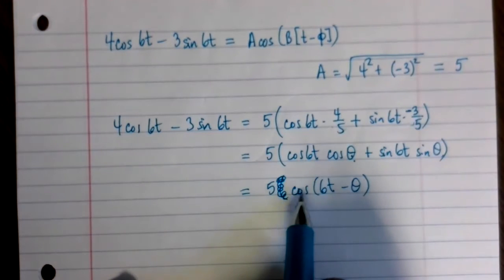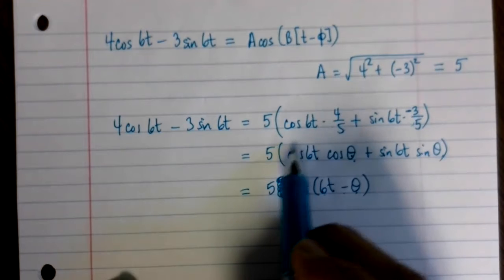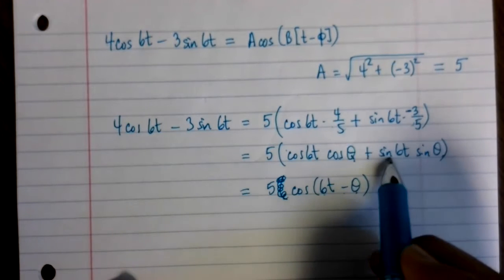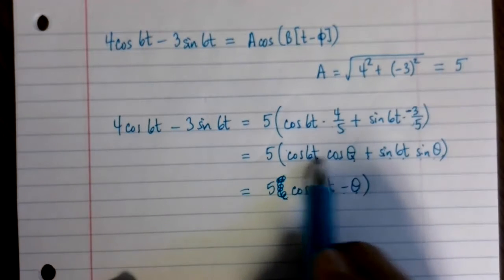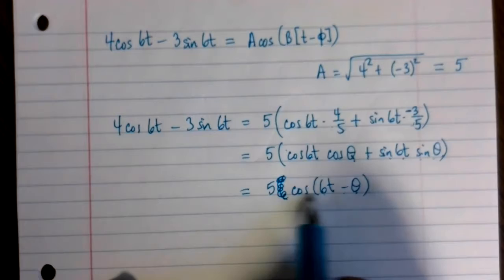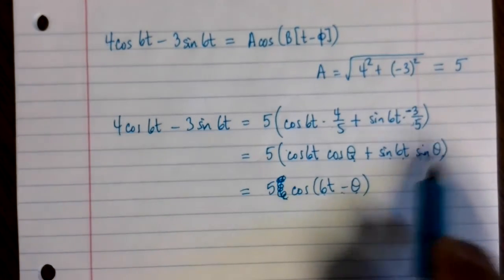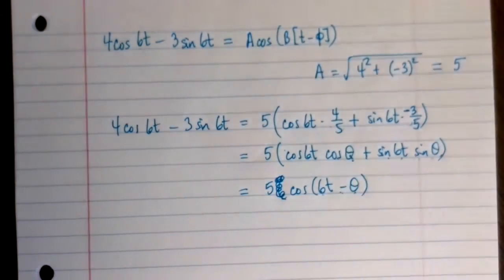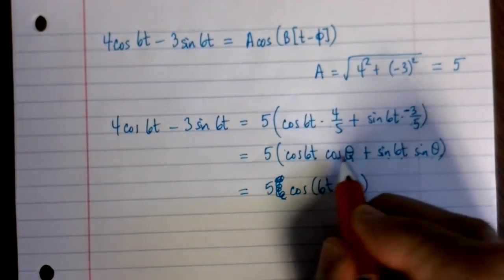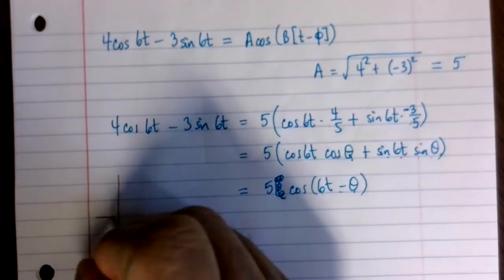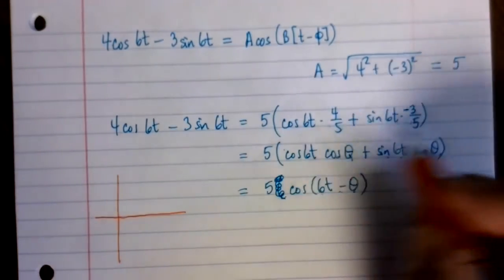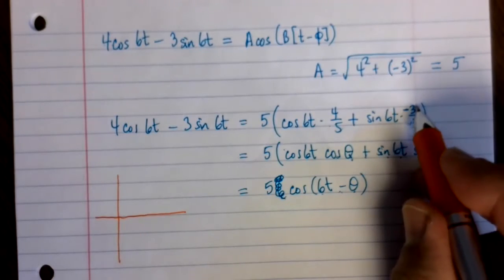We have a trig identity that says the cosine of alpha minus beta is cosine of alpha, cosine of beta, plus sine of alpha, sine of beta. And so this expression can be condensed into a single trig function. All right, now how do I solve for this theta? To solve for this theta, I'll draw a picture. I want the cosine of the angle to be equal to 4/5, and I also need the sine of the angle to be negative 3/5.